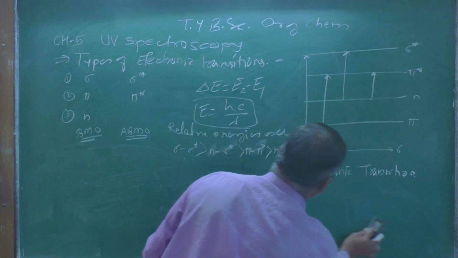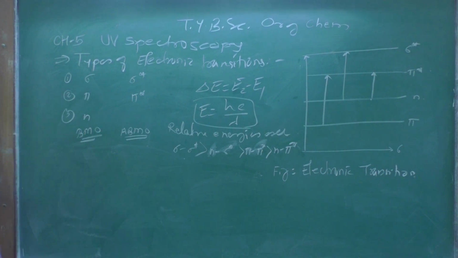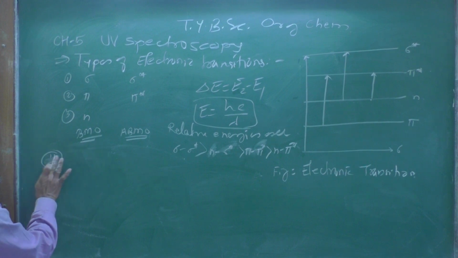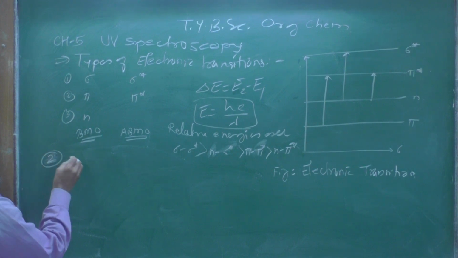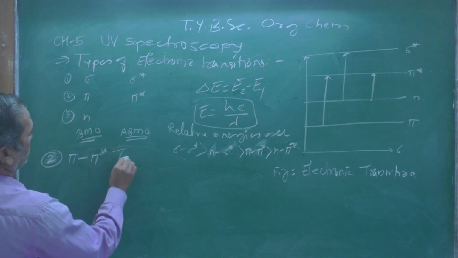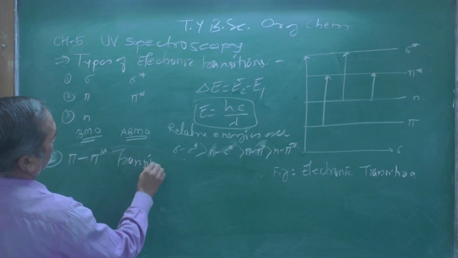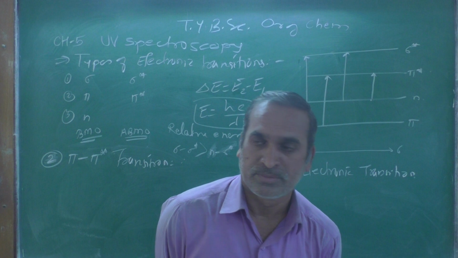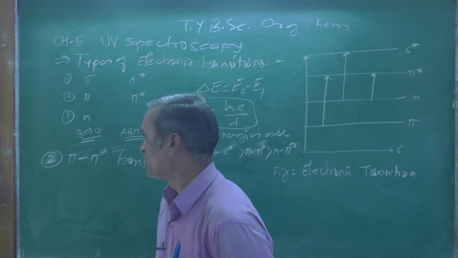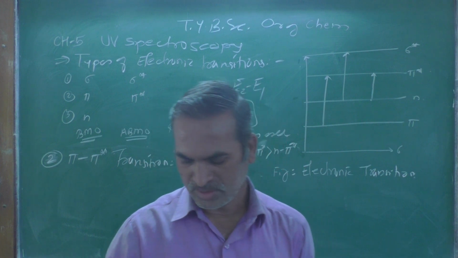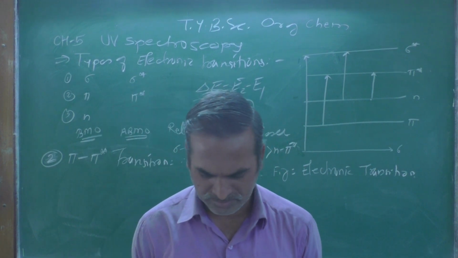Now let's see the second one. The second type will be the pi to pi star transition. What type of organic molecule can show pi to pi star transition, we will see over here.